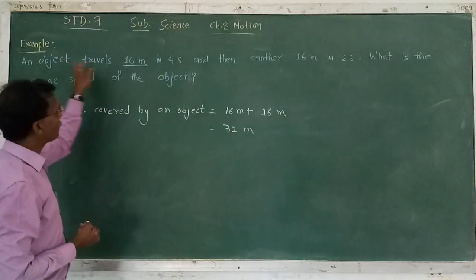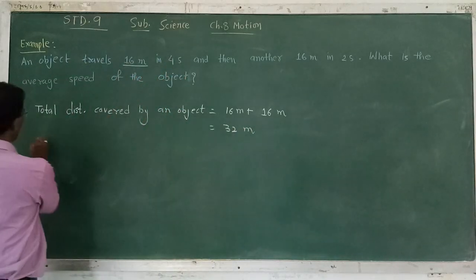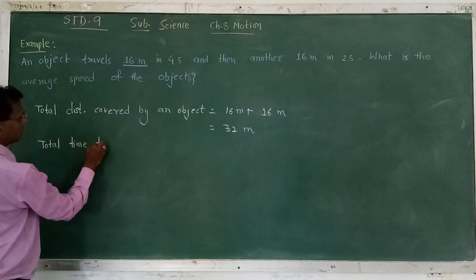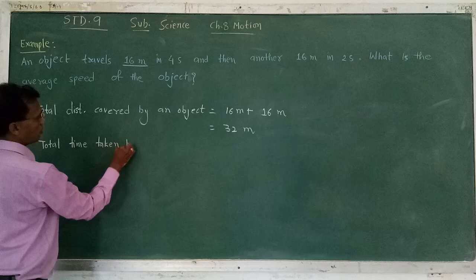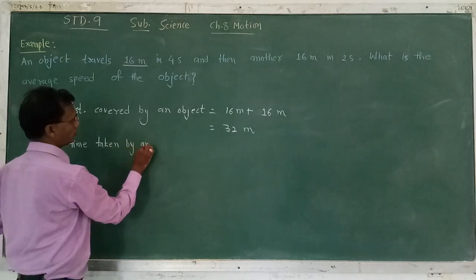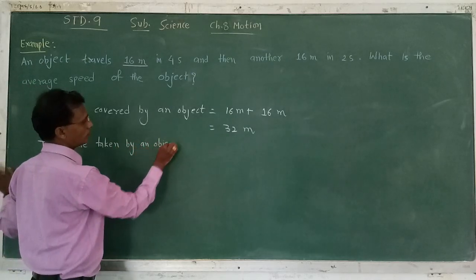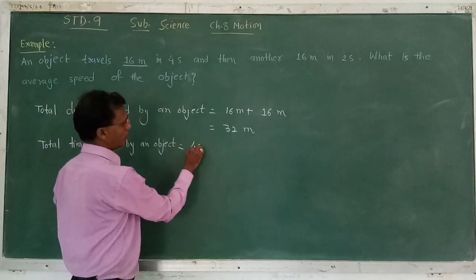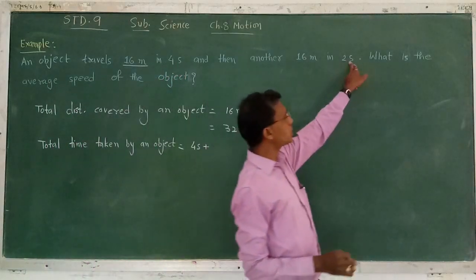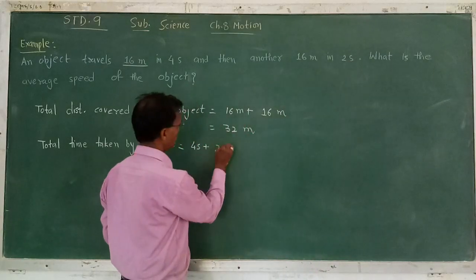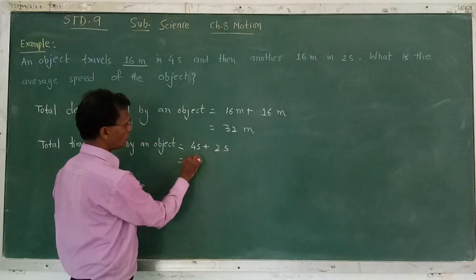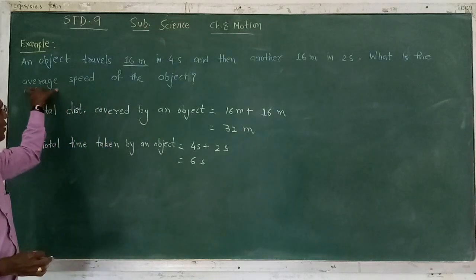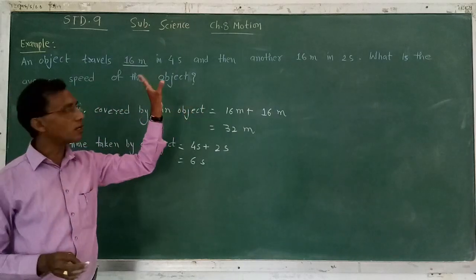Now the total time taken by the object: first 4 seconds and then another 2 seconds. So 4 plus 2, total 6 seconds. We have to calculate the average speed of the object.